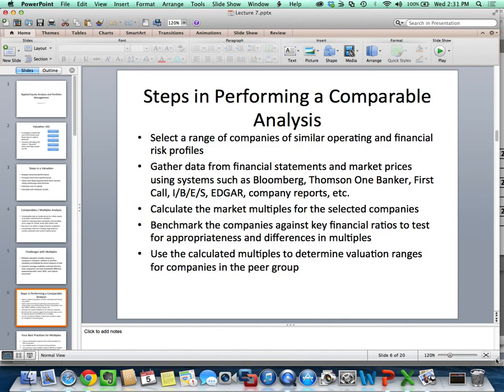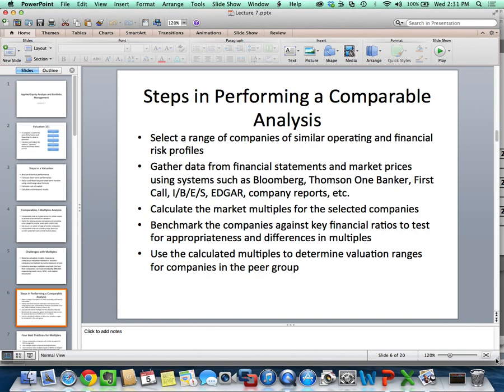The multiples we're going to care about are the multiples based on expected earnings, expected sales. So we're going to go to a database like CapIQ or Bloomberg to get this data. That's why we need a service like Bloomberg, because we have to get the expected numbers to get the expected multiples.